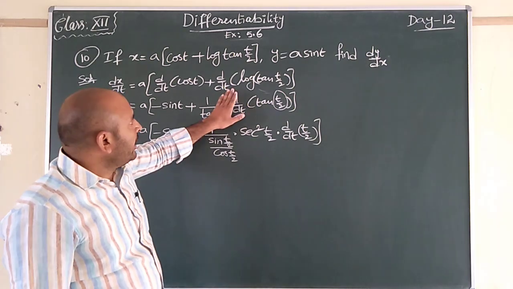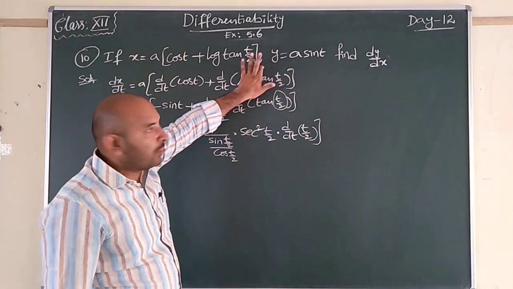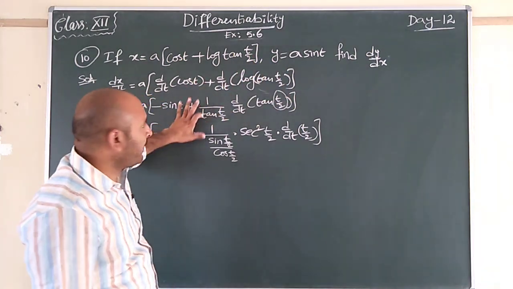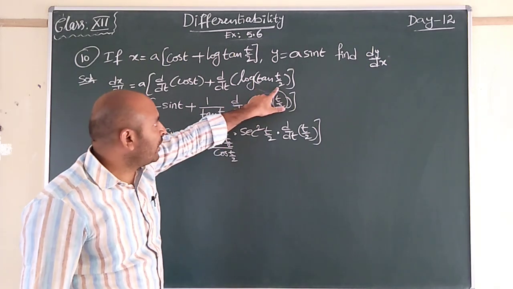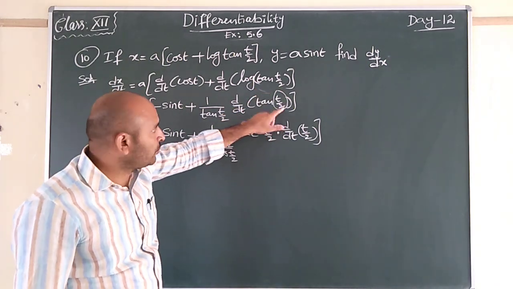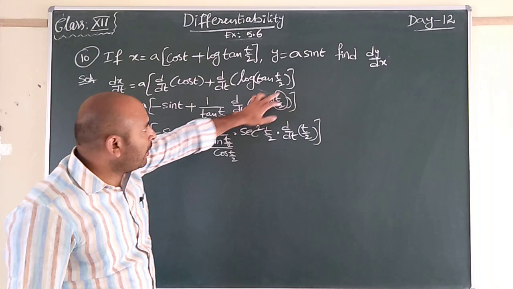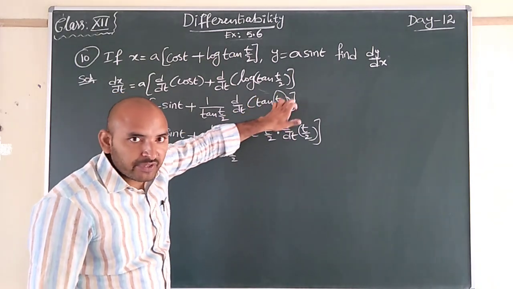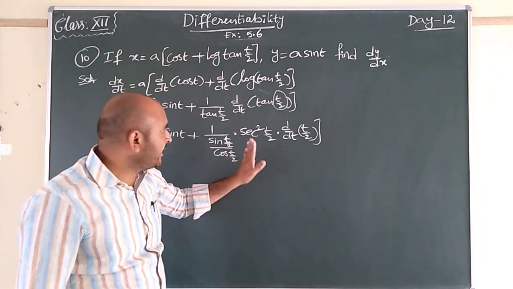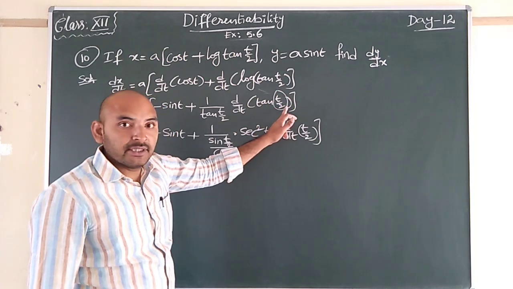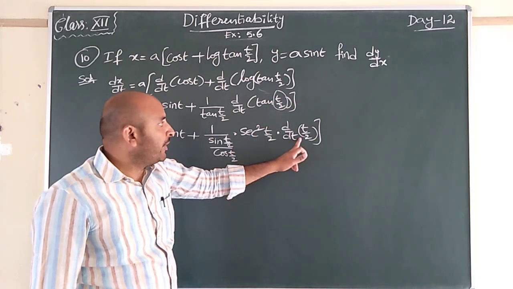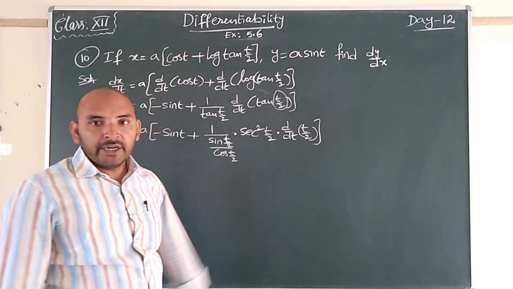Listen carefully. First apply the chain rule for log x, that is 1 by tan t by 2, and for the inner function apply d by dt of tan t by 2. This is in the form of the derivative of tan x, which is secant square x, but what is x? t by 2. Again the derivative d by dt of the inner function t by 2.